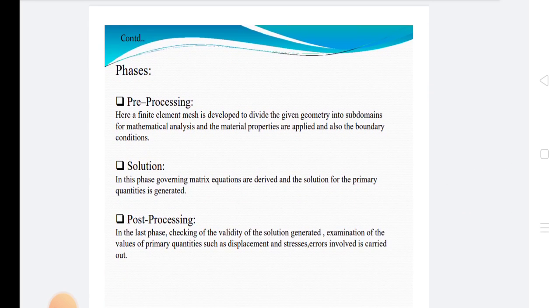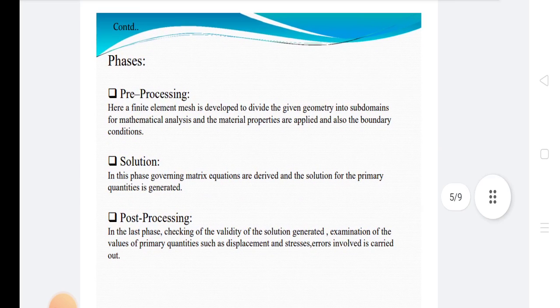Now there are phases. These are the 3 phases: pre-processing, solution and post-processing. In pre-processing, a finite element mesh is developed to divide the given geometry into subdomains for mathematical analysis, and the material properties are applied and also the boundary conditions.